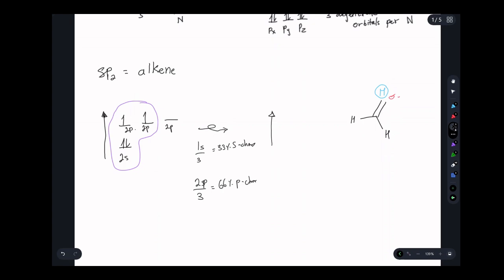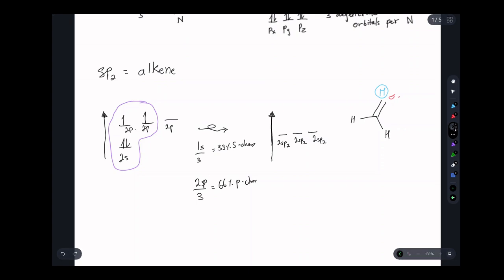Drawing the new hybridized orbitals, what we're going to see is something like this. In between the S and P energy levels, we're going to have our new three, right? Three orbitals went in, three have to come out, and these are now going to be our three sp2 orbitals. To be clear, this 2 represents the energy level, and the superscript 2 represents the hybrid, since we have two p's mixed in.